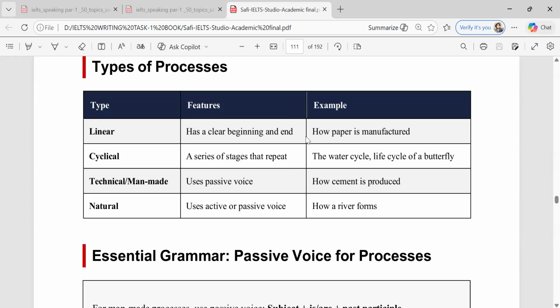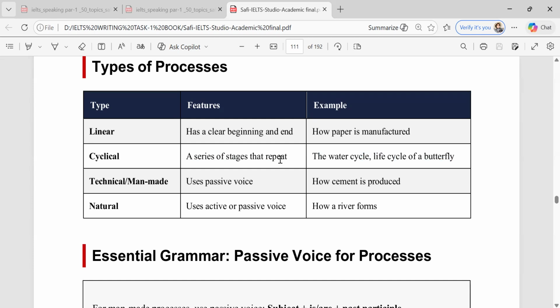Examples: for linear, we can say how paper is manufactured. Manufacturing paper has a clear beginning as well as an end. For cyclical, we talk about the water cycle or the life cycle of a butterfly. Why do we call them cyclical? Because it's a series of stages that repeat, so the same stages repeat themselves.